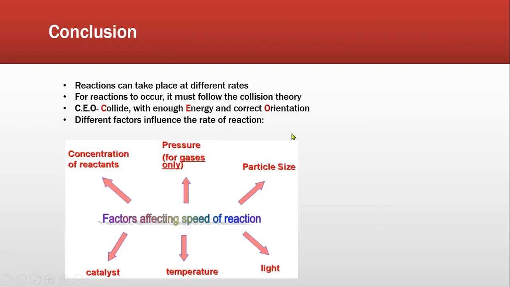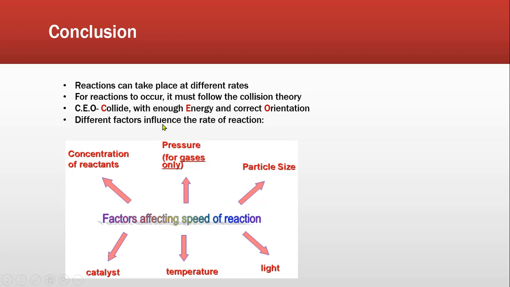So let's just wrap up what we did previously. So we know that reactions can take place at different rates. In order for reactions to occur, it must follow the collision theory, which states that reactant molecules must collide with enough energy, also called the activation energy, and with the correct orientation.